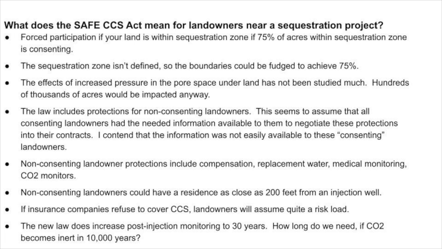So my next point is that non-consenting landowner protections include compensation. The non-consenting landowners that are forced to participate have to get the average of what the other people are getting, but that doesn't include signing bonuses and other incentives that were given to those landowners. They have to be given replacement water.